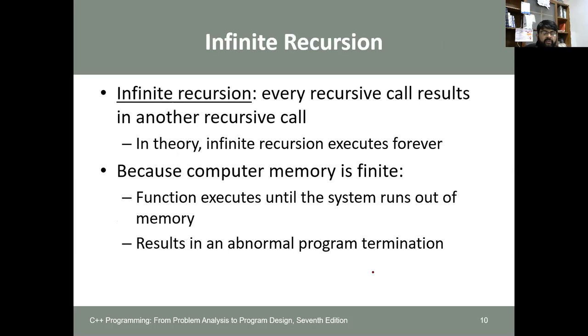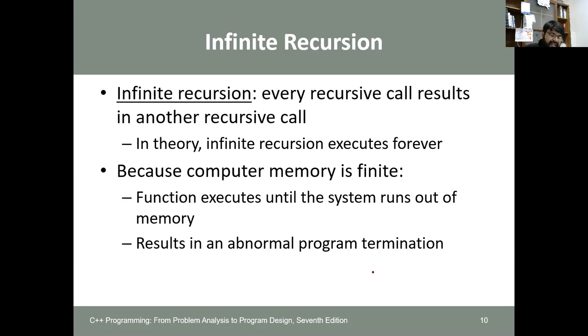As I was talking about recursion earlier, I talked about a concept which we call infinite recursion. What is an infinite recursion? I told you that once you are into recursion, if you call yourself and there's no base case present, then the problem that occurs is that of infinite recursion, and this is something that you need to avoid completely. So every recursive call results in another recursive call.